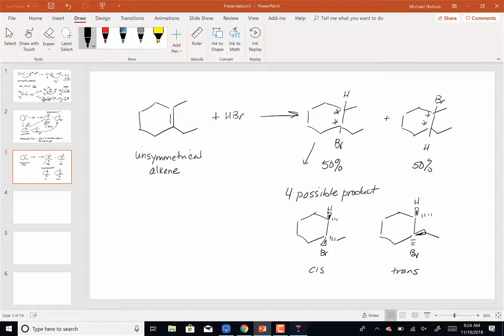So I cannot make an unequal mixture of enantiomers unless I use a chiral reagent. And we can think about, what about SN2? In SN2, I'm using a chiral reagent to make the chiral product.